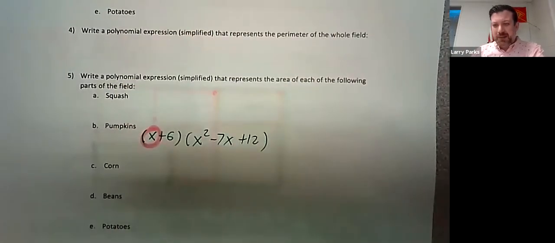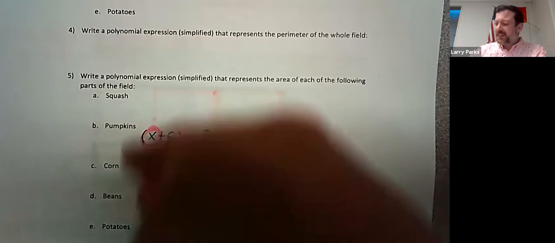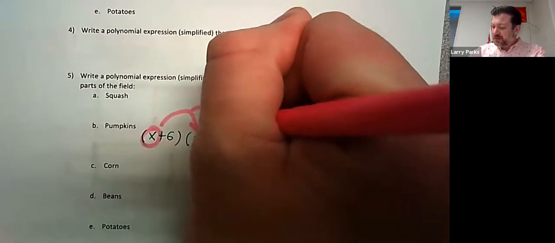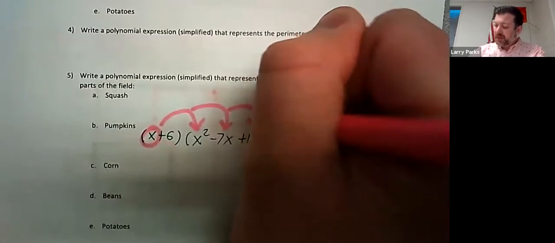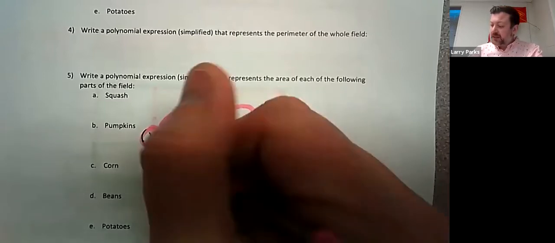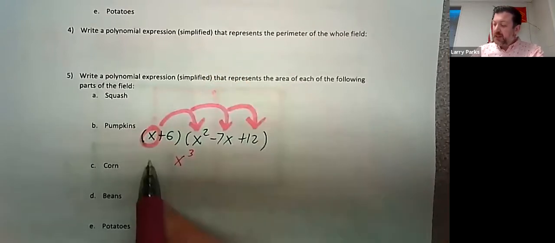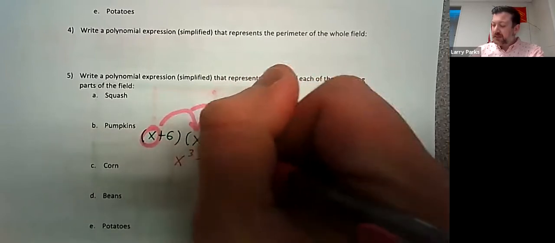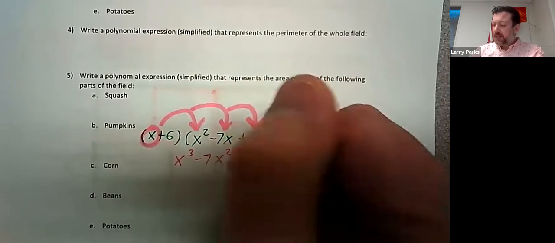And you already know this because we've been factoring, but just to review, you distribute that x to all three terms. You see what you get. X times x squared, x cubed. X times negative 7x, negative 7x squared. X times 12, 12x.